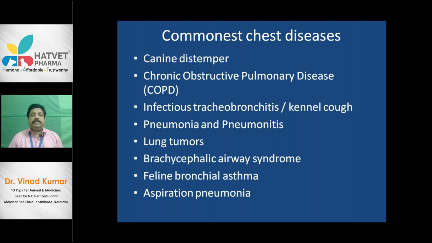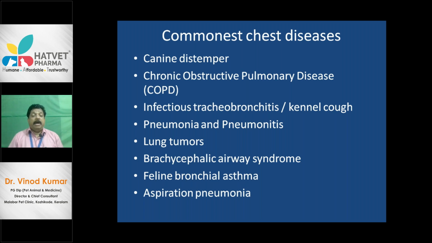Then lung tumors. Tumors of the lung are not so uncommon. Primary tumors or secondary tumors can happen. For example, there is a disease which is not so very commonly seen, but we have studied, pulmonary osteoarthropathy, Marie's disease. The secondaries are found in the lungs.